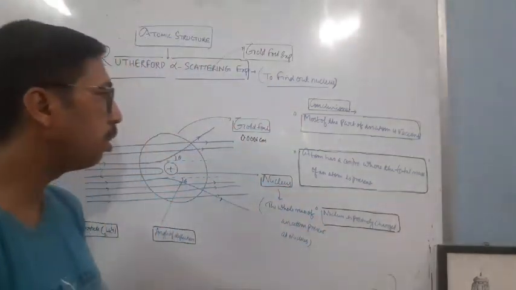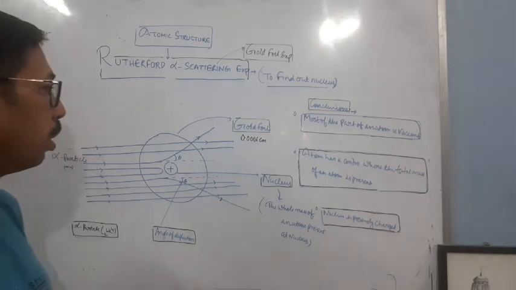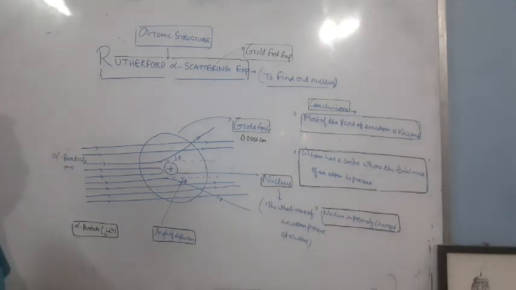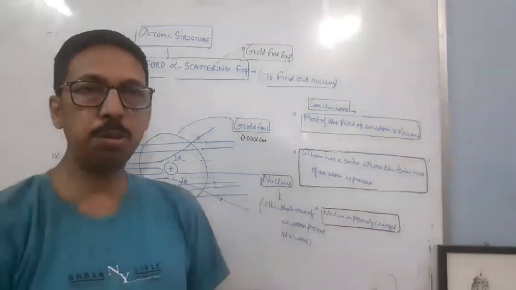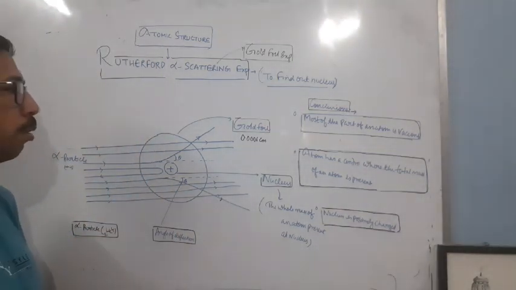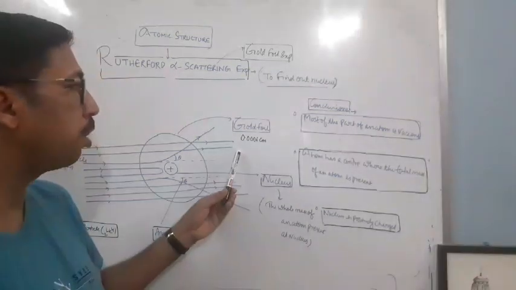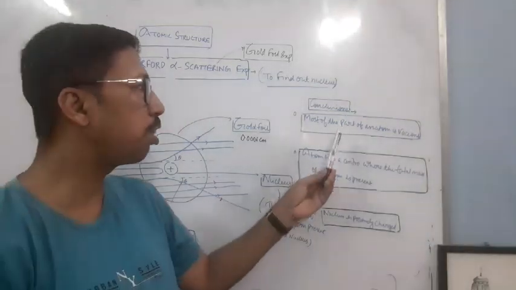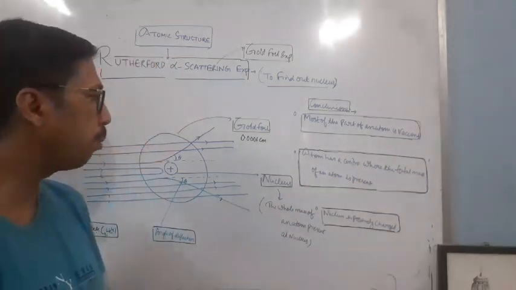On the basis of this gold foil experiment, Rutherford made three main observations. Most of the alpha particles after striking the foil of gold pass through in their own way, which suggests that most of the part of an atom is vacant or empty.